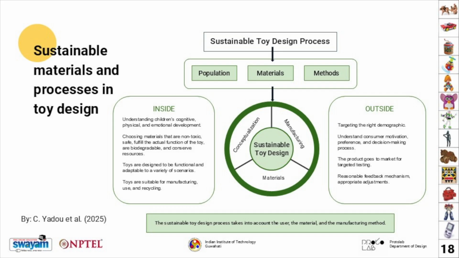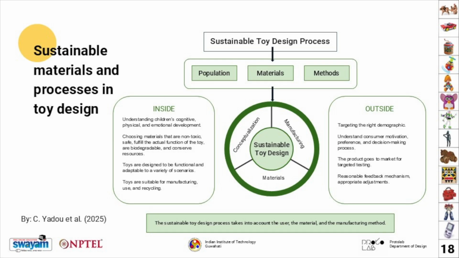At the center of the model is sustainable toy design, surrounded by three interconnected stages: conceptualization, materials, and manufacturing. During conceptualization, designers understand children's cognitive, physical, and emotional development. In the material stage, careful selection of non-toxic, biodegradable, and renewable materials ensures safety and environmental responsibility.